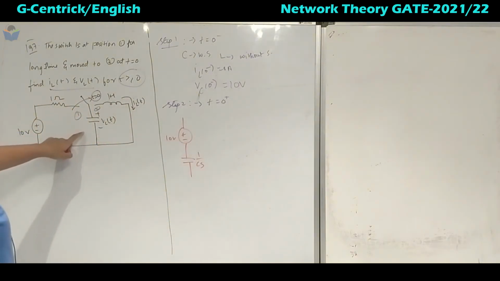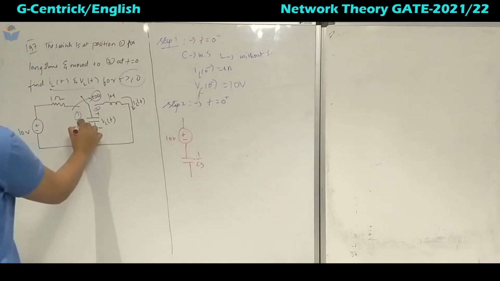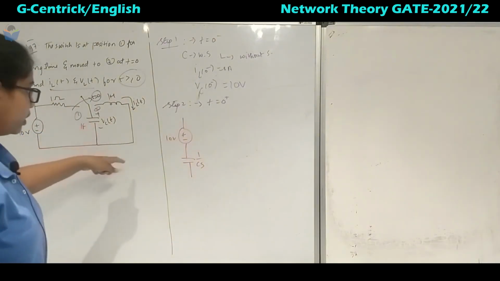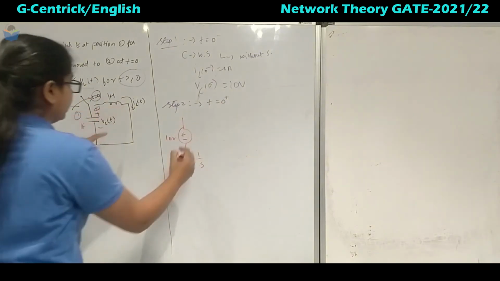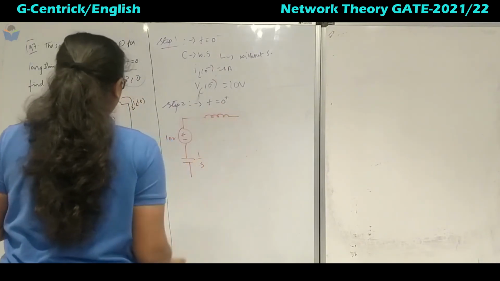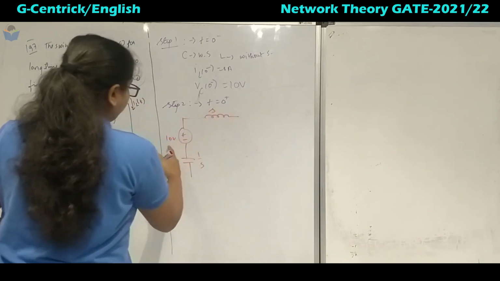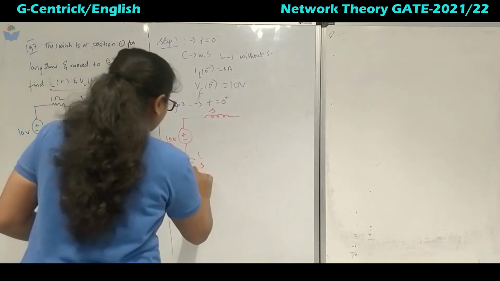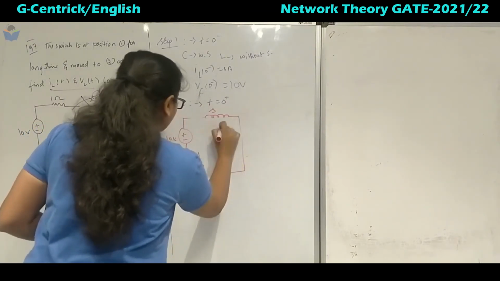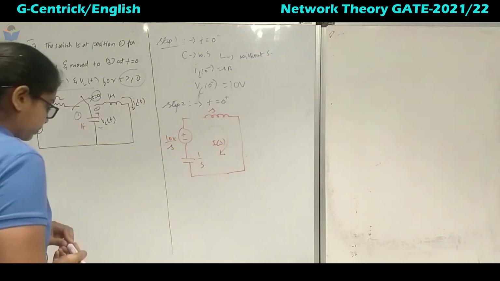The value of the capacitor is 1 farad, so it will be 1 over S, and the inductor was without source, so this is S. Writing the voltage source, it will be 10 over S, and the current through this is I of S.